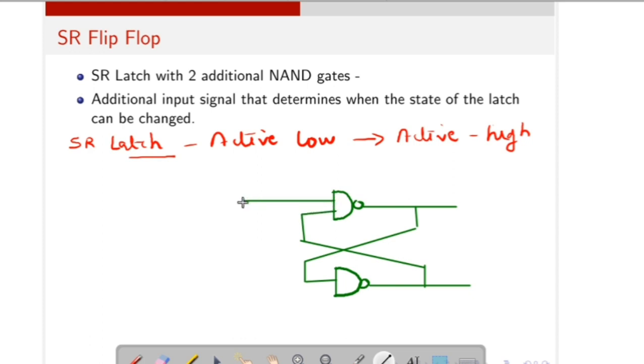Then we have the inputs S and R. So this is an active low SR latch. This is converted to an active high SR latch by inserting two inverters at the input. That means inputs are complemented and given to this SR latch. Clear?